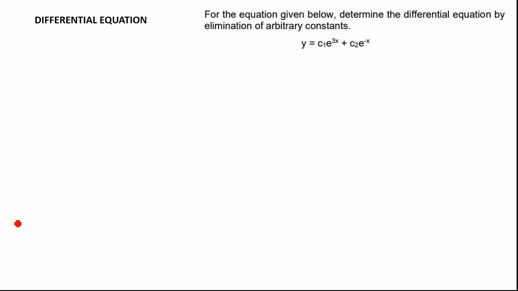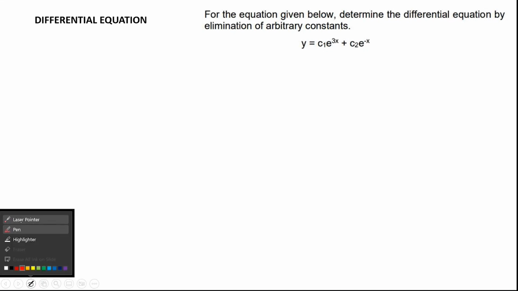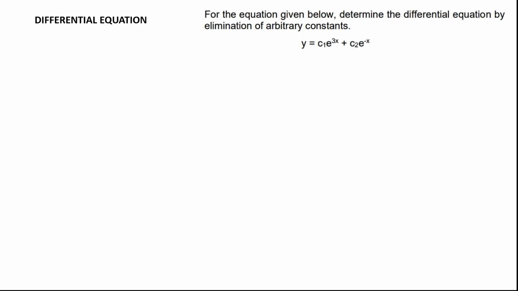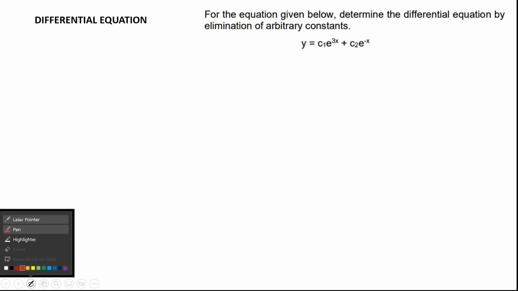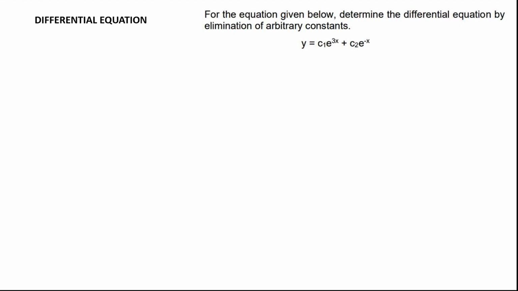Let's now solve for this problem. We have first to take note that the derivative of e raised to ax, where a is an integer, is a times e raised to ax.